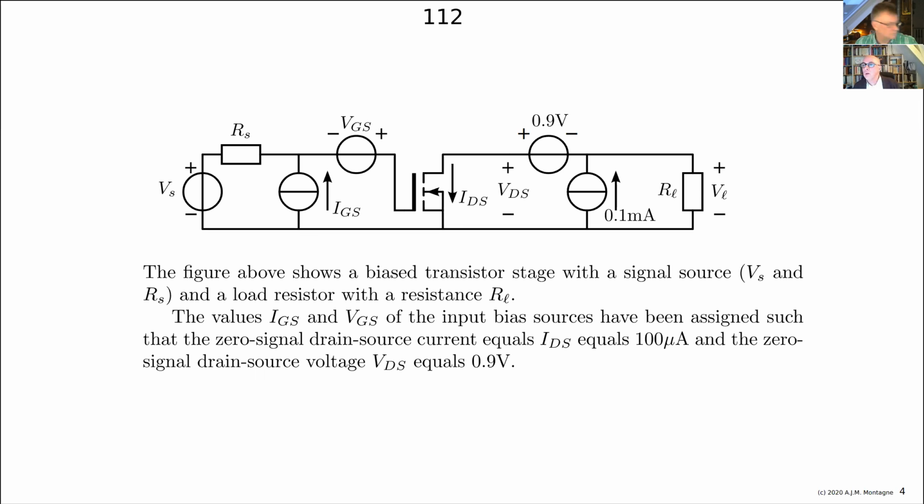So the whole thing. Let's first find my mouse. The whole thing is biased again at 0.1 milliamp for the drain current, and 0.9 volts for the drain source voltage.